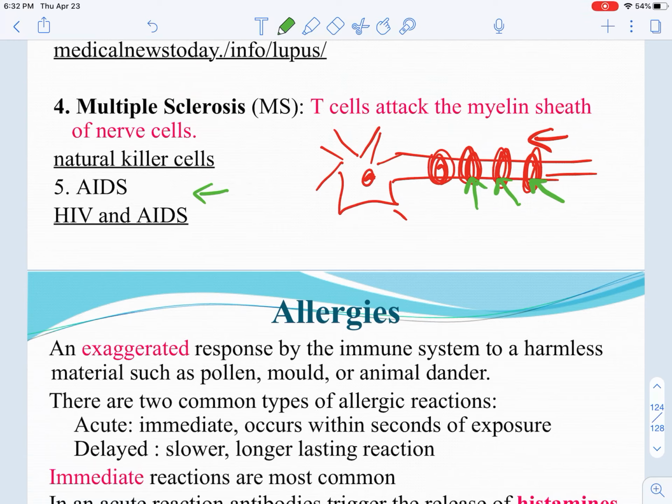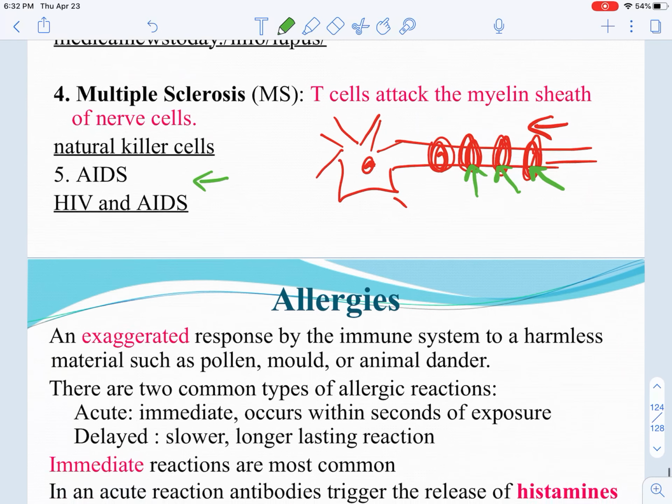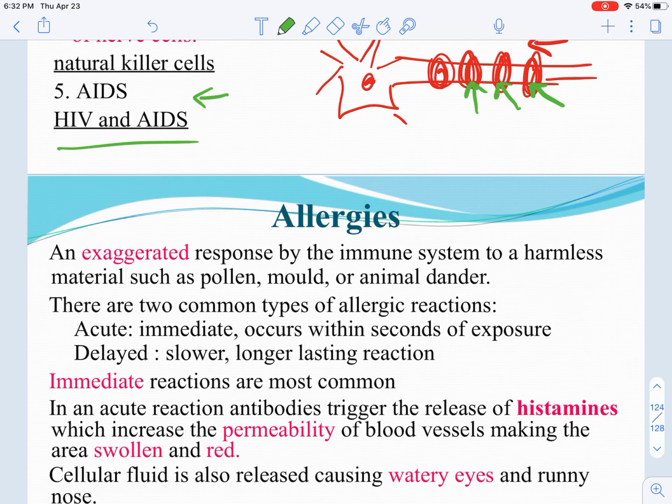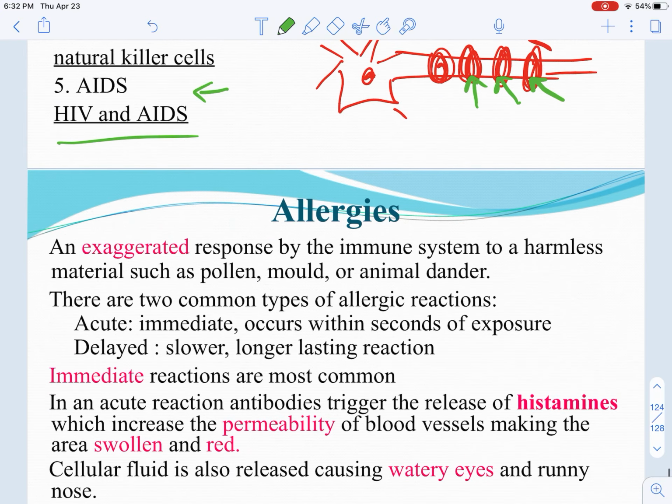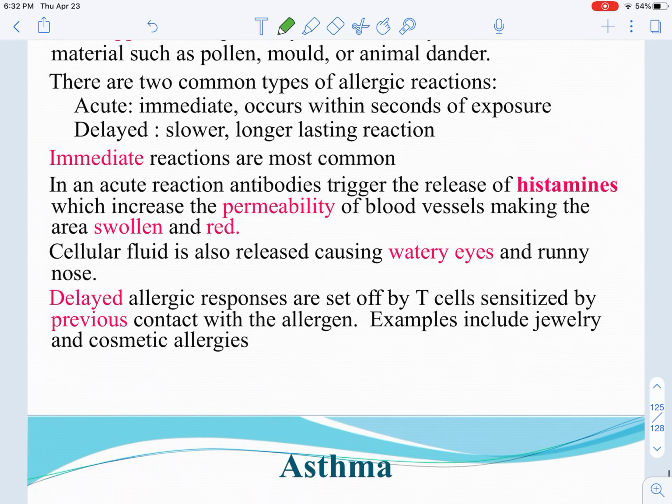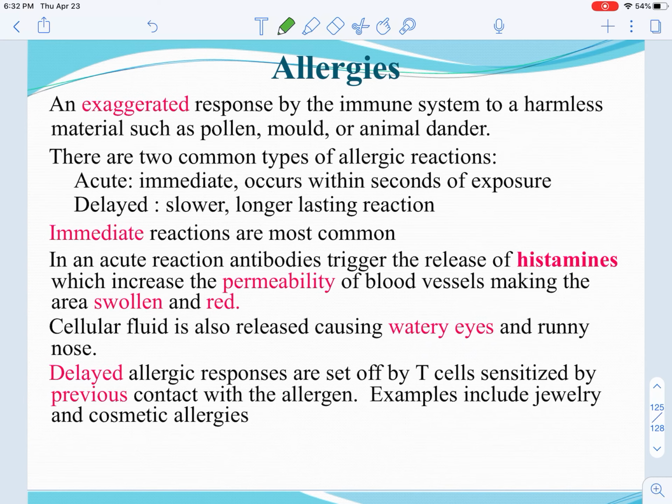So instead of having your immune system fighting off your pathogens, like soldiers, the virus is growing inside of your white blood cells and destroying your white blood cells, so you don't have that immune system functioning, which is why AIDS is so tricky to treat, because you can't use your immune system for it because your immune system is getting attacked.